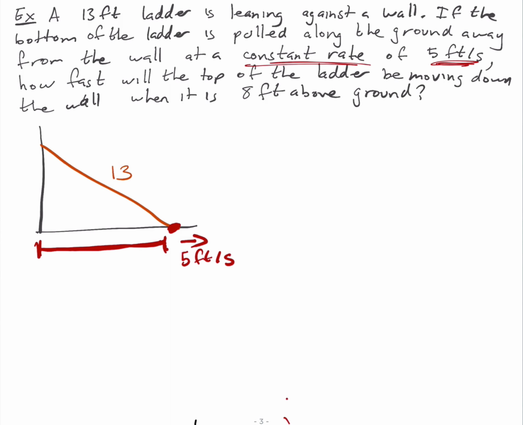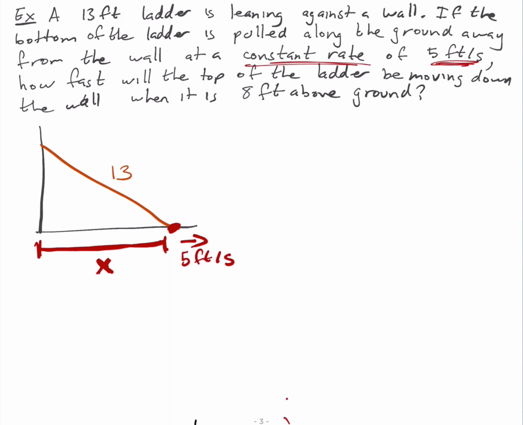X? Let's do X. X's are pretty popular. Any letter, really, is fine, but X is good. Now notice, why do I label it X and not a constant number, like the 13? Yeah, it's changing over time, right? That's the difference.